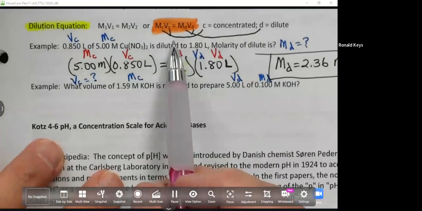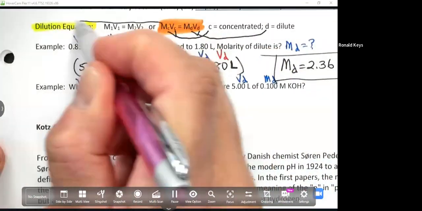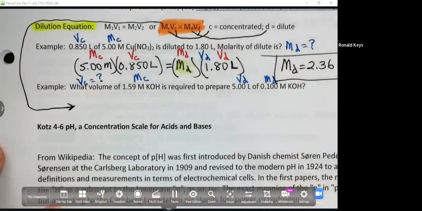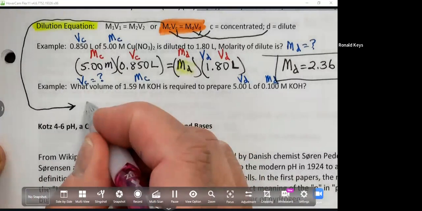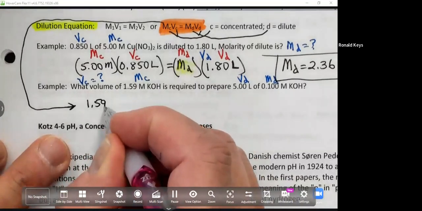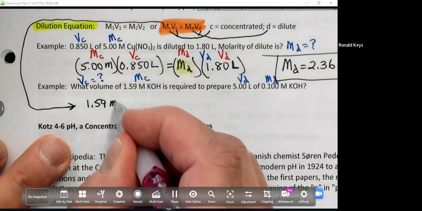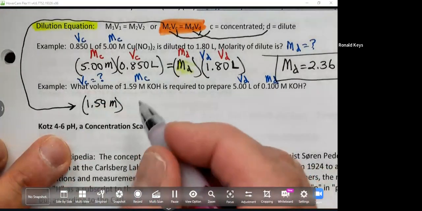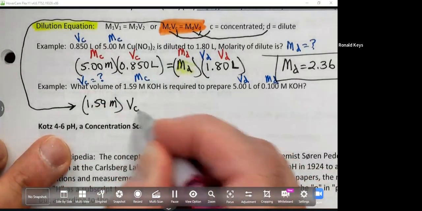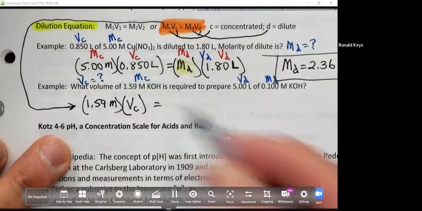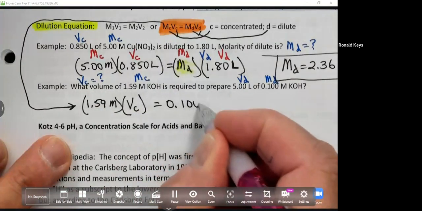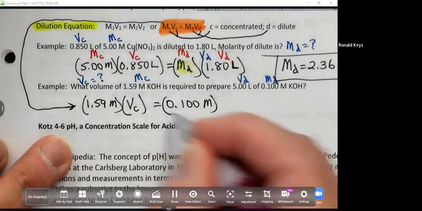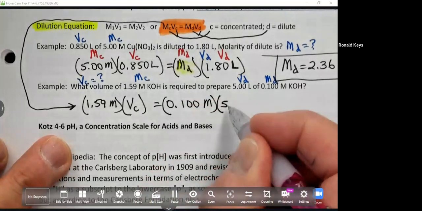I'm going to put this in the same way with this equation. The molarity of my concentrated is 1.59. I'm looking for my volume of concentrated. Molarity of my dilute is 0.1. Volume is 5.